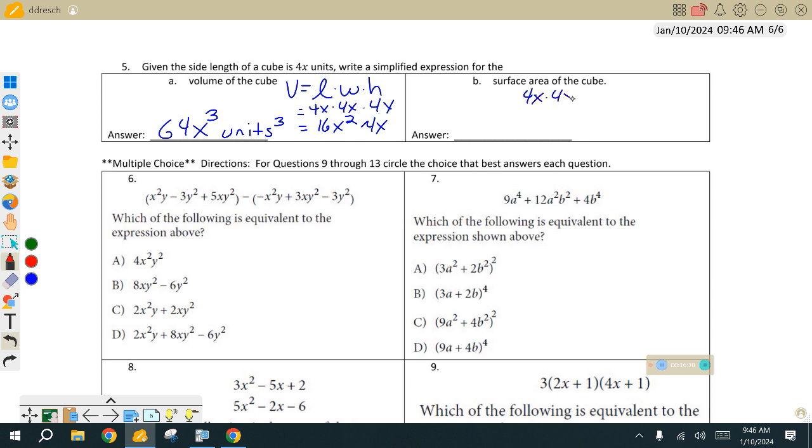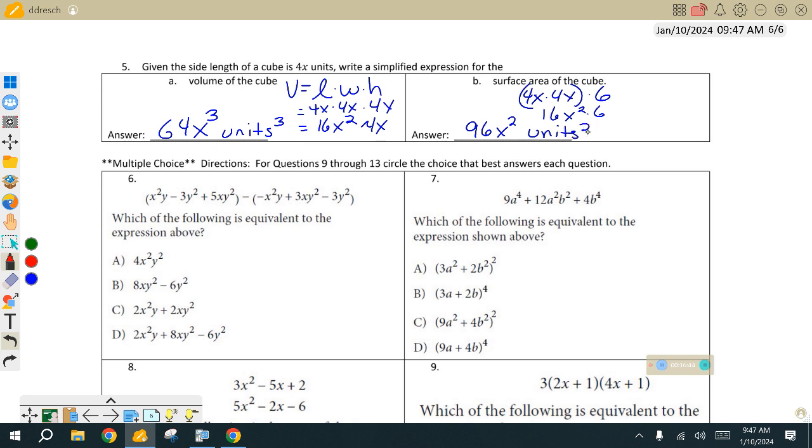4x times 4x times 6 sides. So what do we just say? 16x squared times 6 of those. Okay? So when we do that, what does 16 times 6 give you? 96x squared.